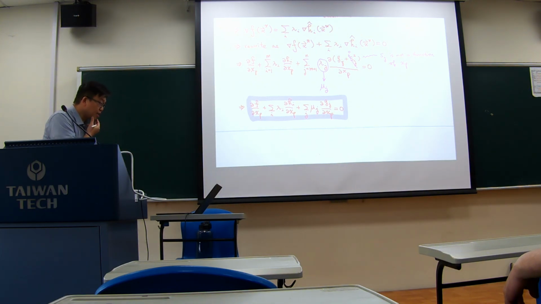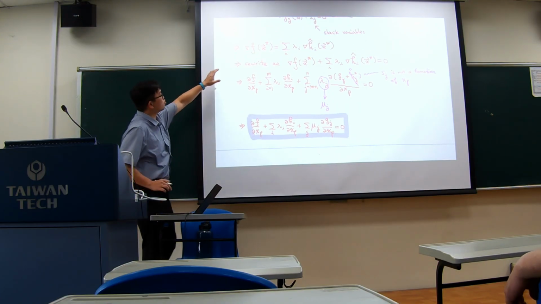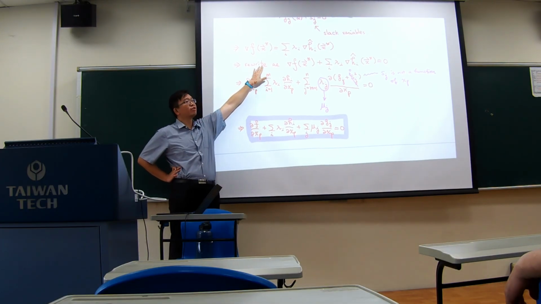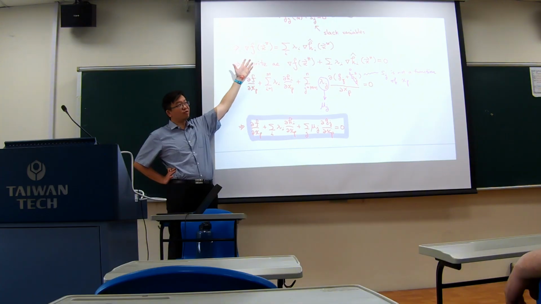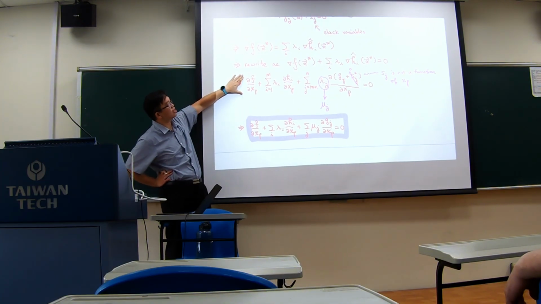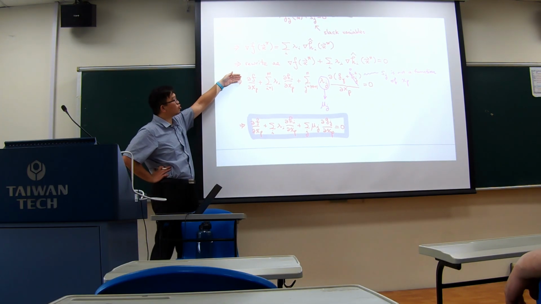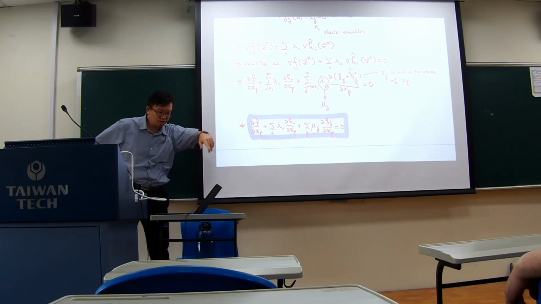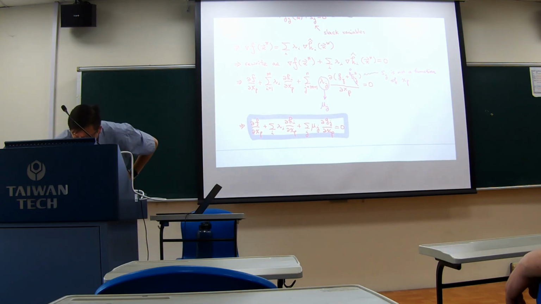Now, when we do gradient, we need to do partial derivative with respect to all the variables. So here, we did partial derivatives with respect to all the x. So here, p equals to 1 to, let's say, n.